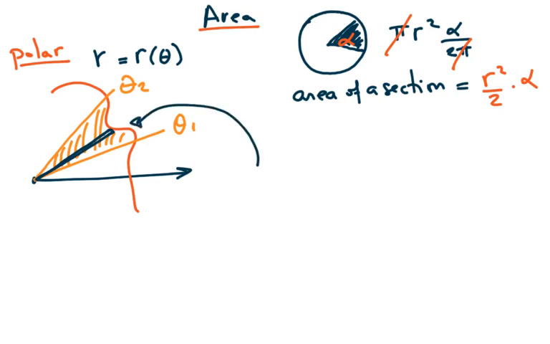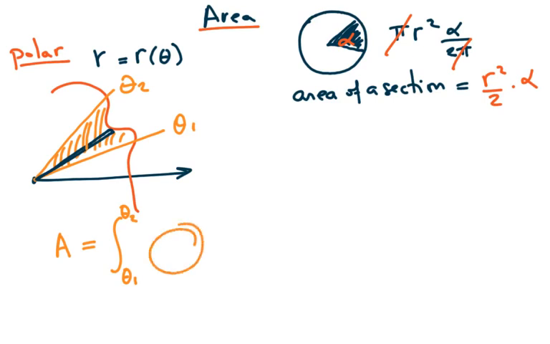So we have here very small sections, and we're going to calculate the area of each of these sections and integrate them all. So the area of the whole region here is going to be the integral from the first angle to the second angle. And so here I should put the area of these wedges.